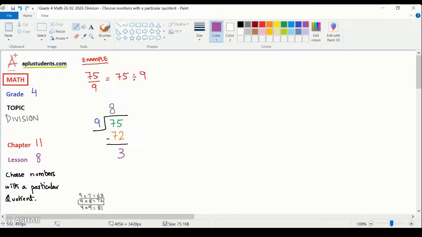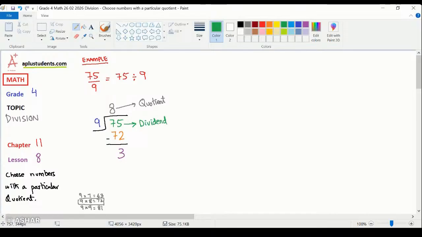Okay, so now let's see what a quotient is. This number is the quotient. 75 is the dividend, which is being divided.